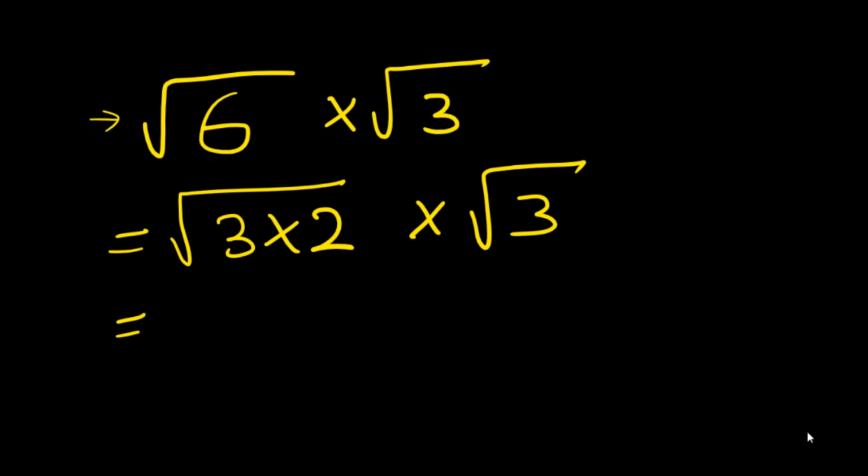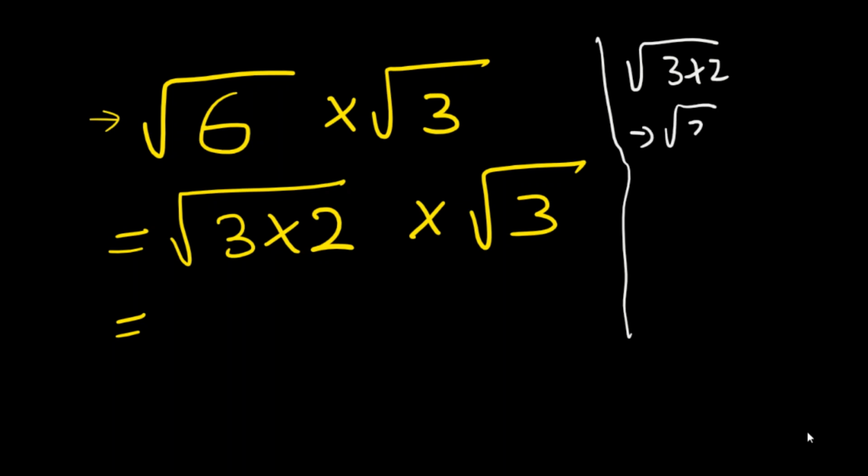Now, if you have numbers that are multiplying inside the square root, they can go independent as well. It's the root of 3 times 2. Being independent means they have their own square roots.